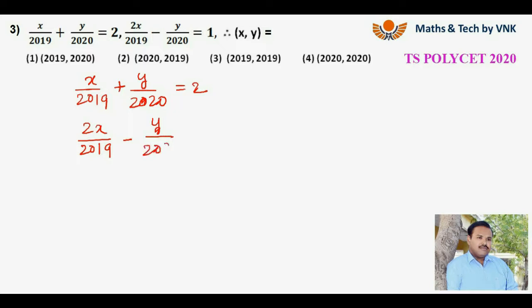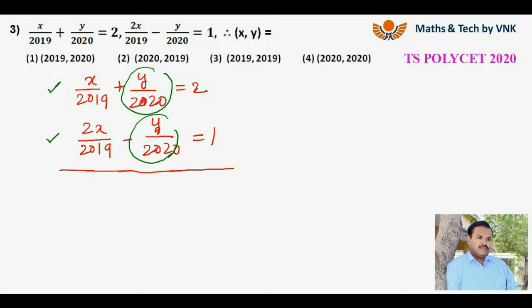Okay, if you add both the equations, then we can eliminate y terms. So here add both the equations. So plus y by 2020 and minus y by 2020 get cancelled and the remaining terms will be, remember we are adding both the equations, so that is x by 2019 plus 2x by 2019 is equal to 2 plus 1.